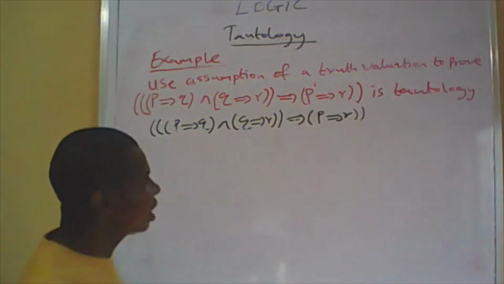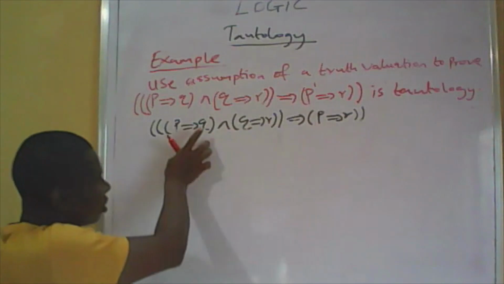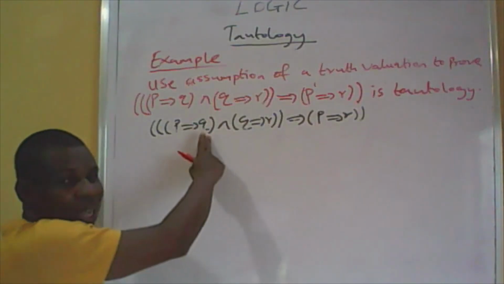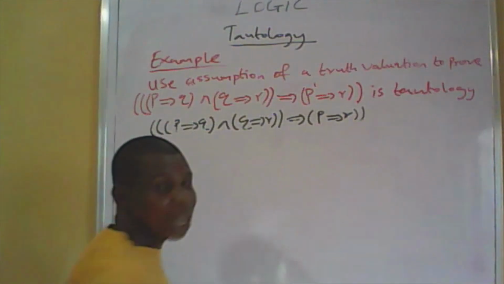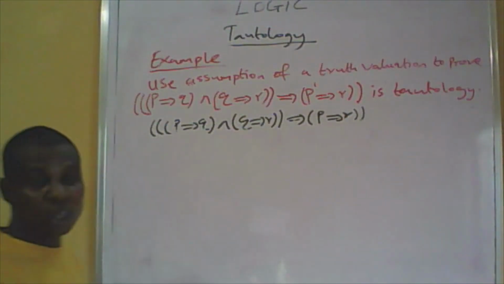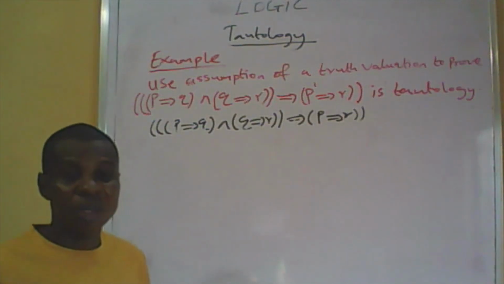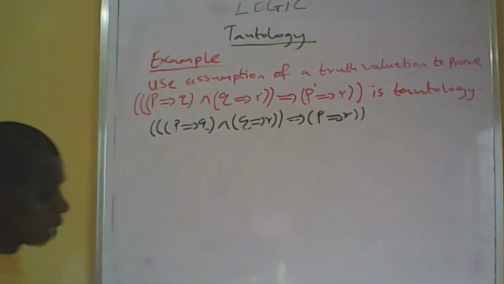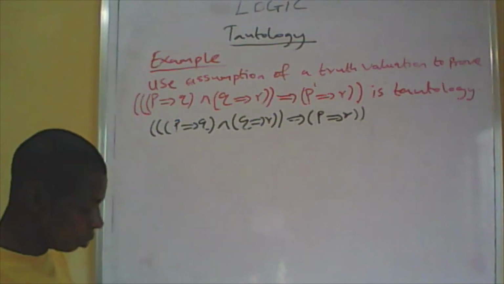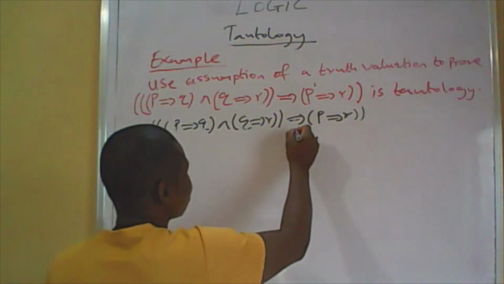And we said that here is the antecedent, while here is the consequent. And it can only be false when the antecedent is true and the consequent is false. So here we are going to assume that it is false.